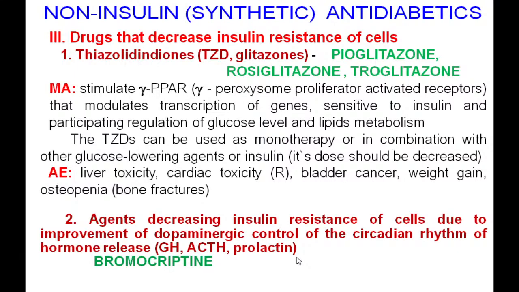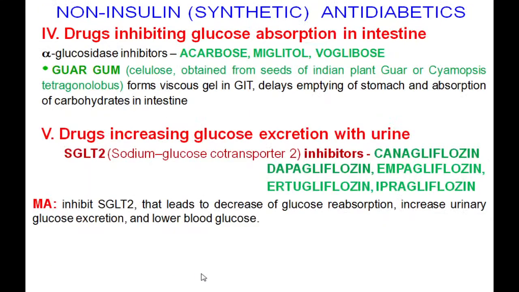So, if we treat the patient, and if we see a decrease of the level of glycated hemoglobin, we understand that the treatment is correct. So, the introduction of bromocriptine causes a decrease of the level of glycated hemoglobin in patients.